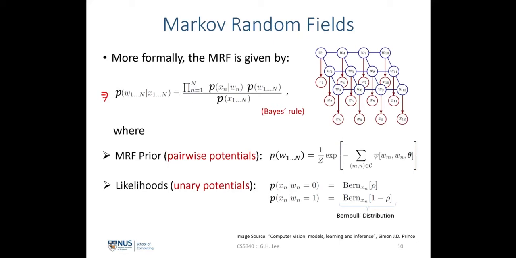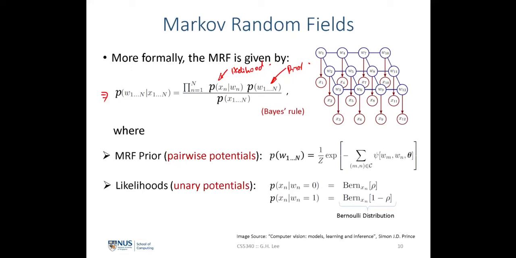By applying Bayes' rule, we flip x and w to become the likelihood term, x conditioned upon w, and a prior term of our latent random variables, given by P of w1 to wn, divided by the normalizing constant.